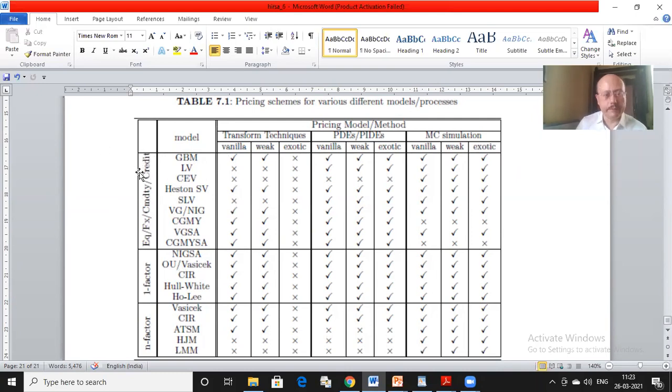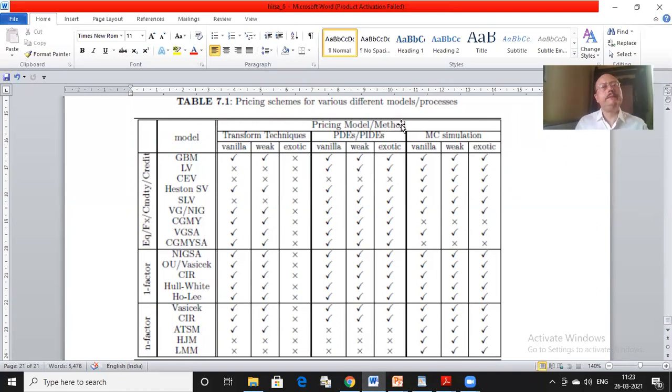For all of these situations, suppose my model is given by the geometric Brownian motion, the simplest model, or more complicated models like Heston or variance gamma or CGMY. I can deploy any of these models in these situations.